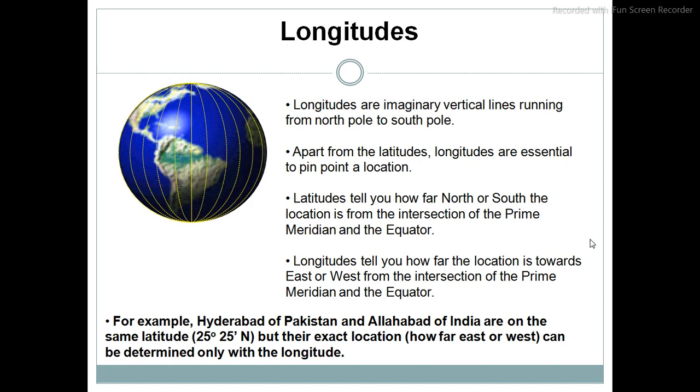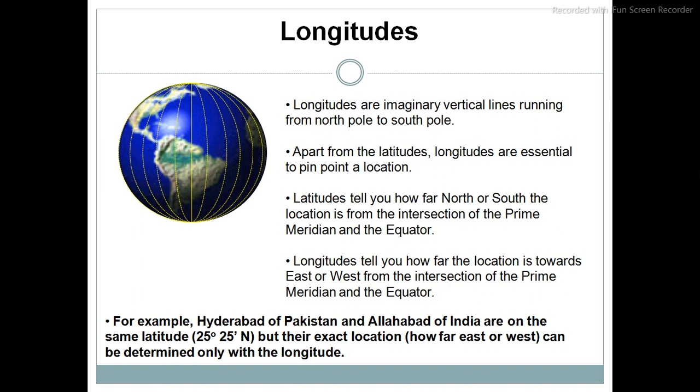Like that, for longitude, from the North Pole to the South Pole, one line is here, and that is called the prime meridian. Longitudes tell us how far the location is towards the east or the west from the intersection of the prime meridian and equator.